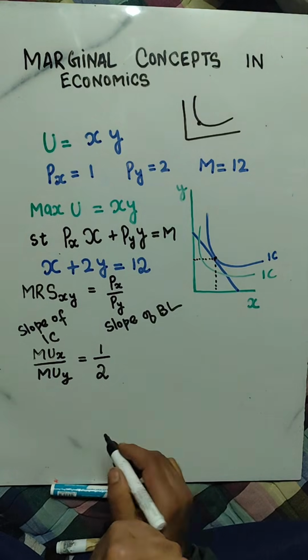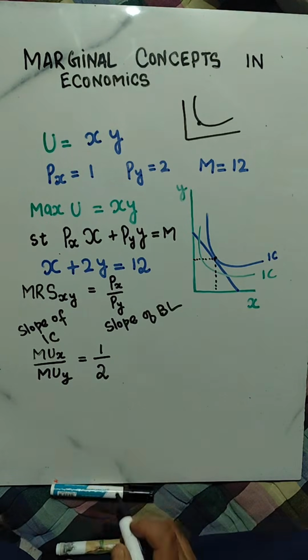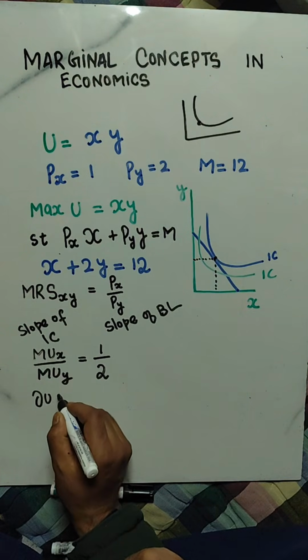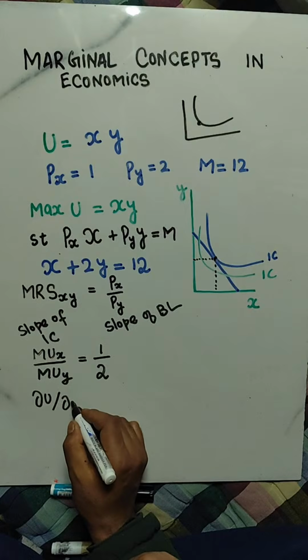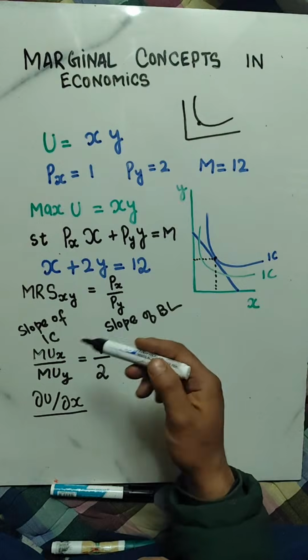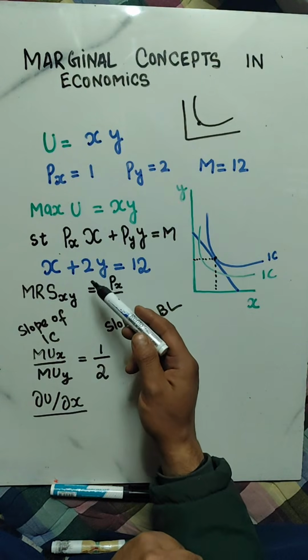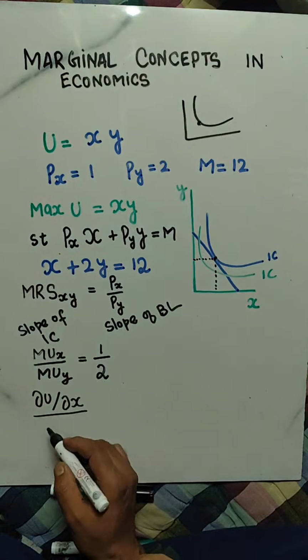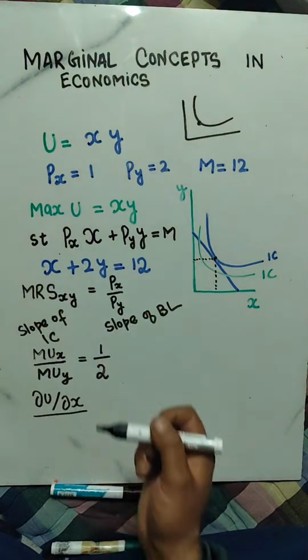Marginal utility of good x is the change in the utility due to the change in the consumption of good x. These are the partial derivatives, that is, how total utility changes when we consume one extra unit of good x. So we take the partial derivative of the utility function with respect to good x.